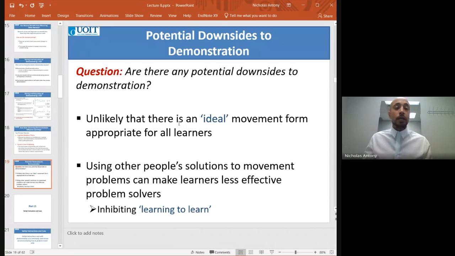Now, typically, depending on a lot of different sporting techniques, there's a general right way to do it, so it's just a factor to consider. And the other thing is that if you are demonstrating too much, you're inhibiting that cognitive learning phase. So there are two factors that we need to be conscious of. Any other comments or concerns anyone has about that material?